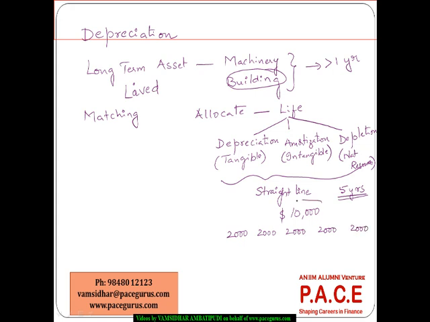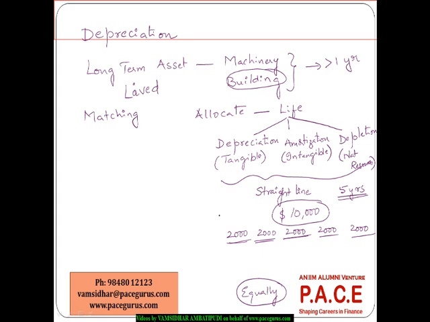Though I have paid all 10,000 in year 1 itself, because of the matching principle, I would like to allocate this cost over the 5-year period, trying to match it with the revenues on a straight line basis, right? But when I do it on a straight line, there is an assumption that this asset will be used equally in all the years and will generate revenues with equal potential in all the years.